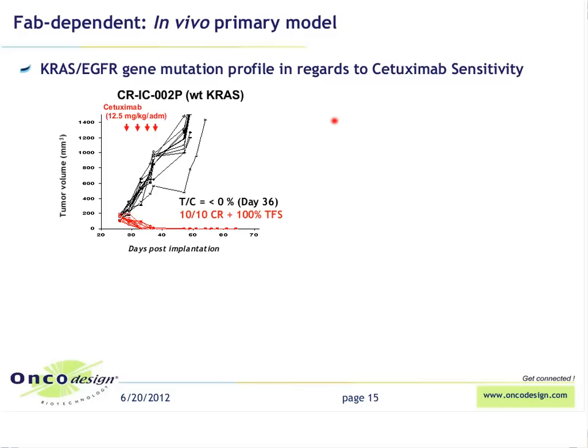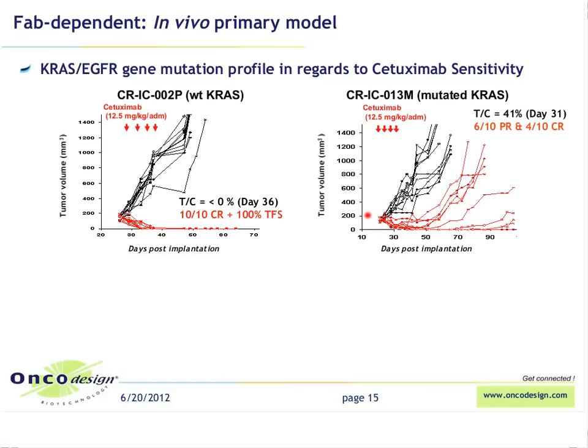In this panel, I selected two examples. This one is a wild-type KRAS model, and we observed in this model a very, very nice effect of cetuximab with 100% of total free survival and no recurrence of tumor growth.